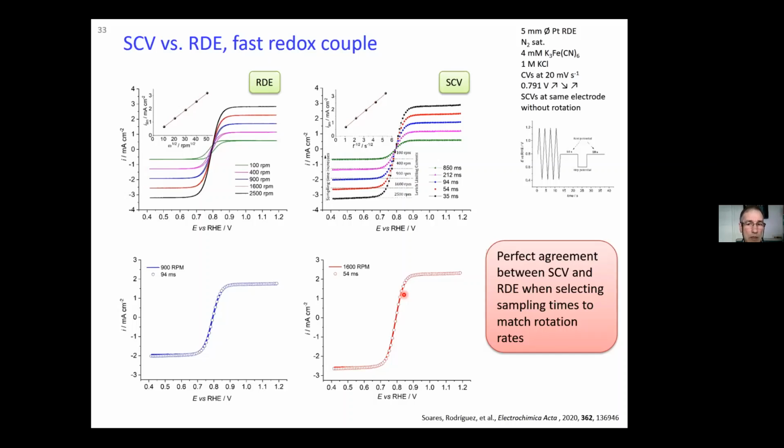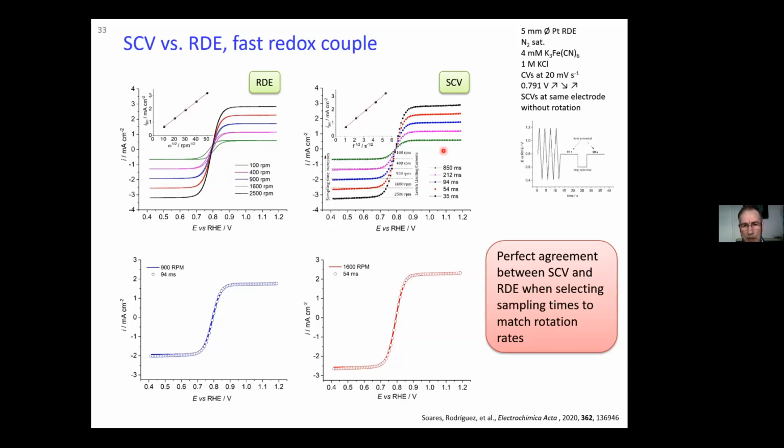So this demonstrates that if you select the sampling time properly, you can obtain sigmoidal waves on the sampled current voltammograms, which are in agreement with those you would obtain with a rotating disc electrode. So it is possible. I should say that when the SCVs were recorded, the electrode was not rotated, so it was under completely quiescent conditions, obviously to avoid any convection.